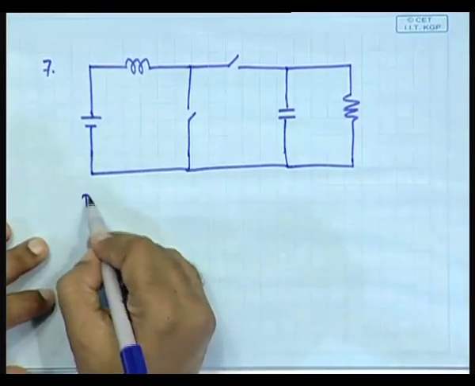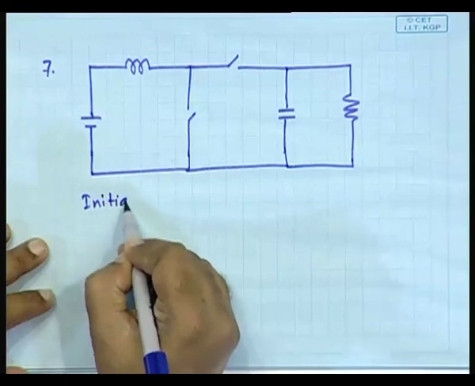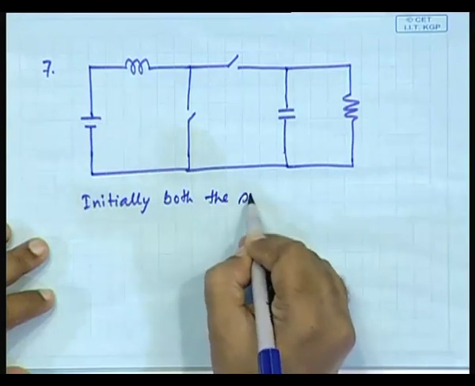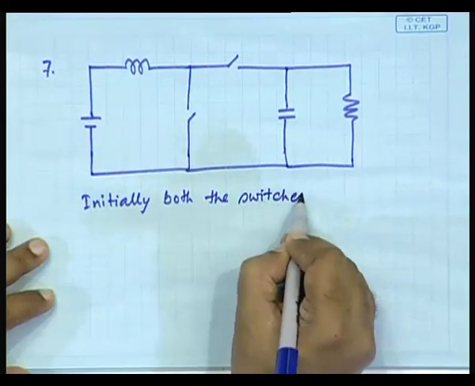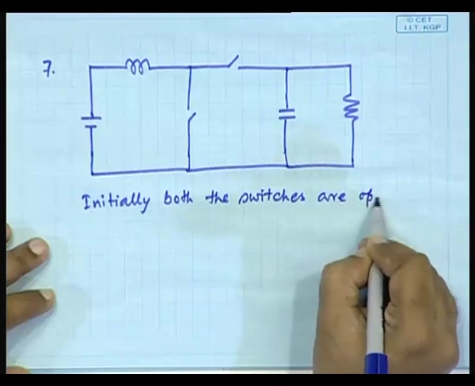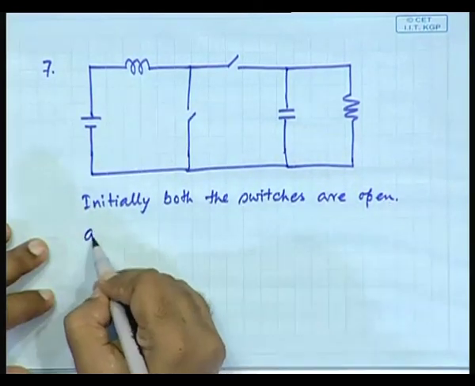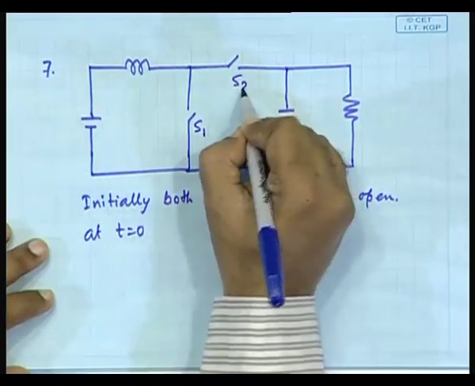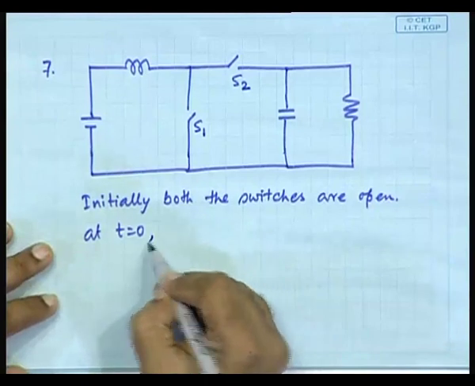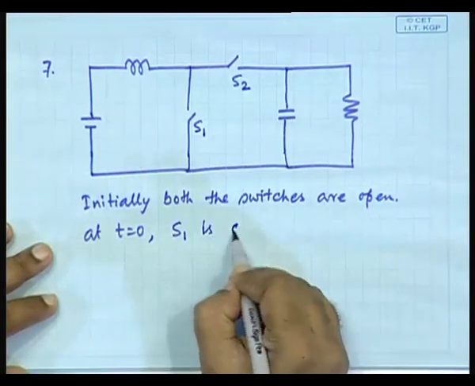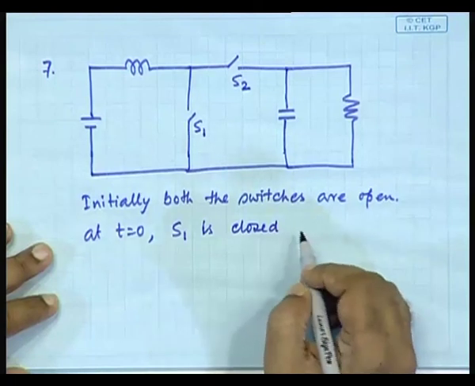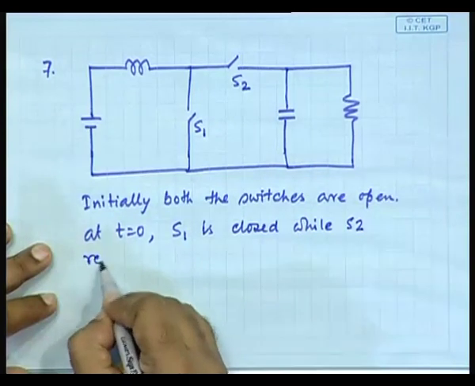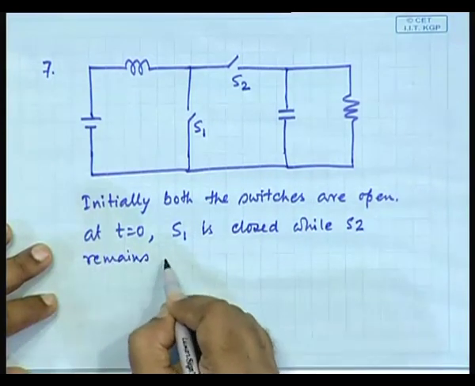Again, initially both the switches are open. At t equal to 0, suppose this is S1, this is S2, S1 is closed while S2 remains open.